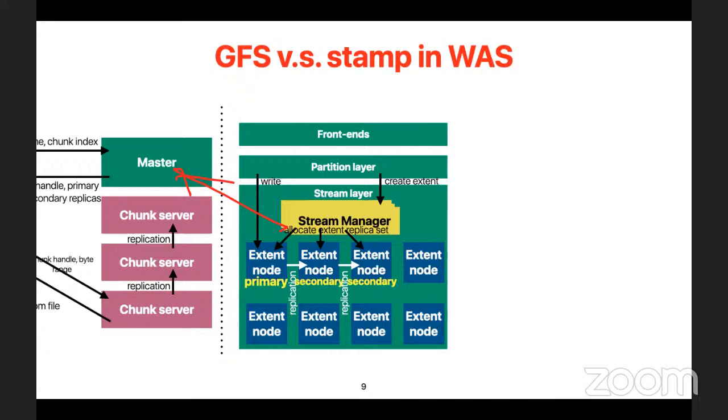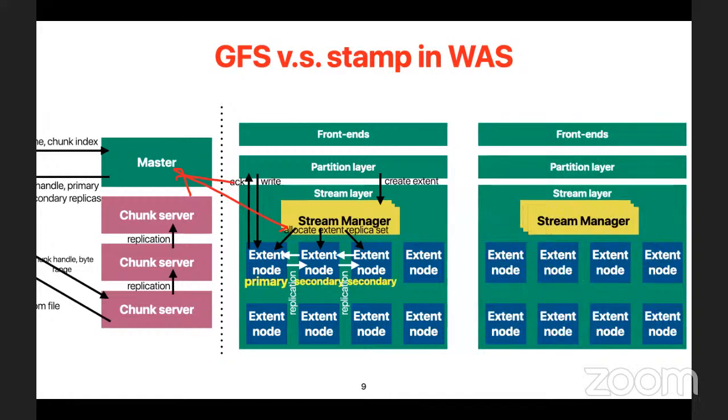Once the primary node receives the data and has it persisted, it returns to the customer immediately to save time. And one thing that Google File System doesn't do, but Windows Azure does, is that we not only duplicate the data, but we also duplicate the Google File System, or say the stream layer, in a certain way, so that we clone the whole thing from one cluster to another cluster.